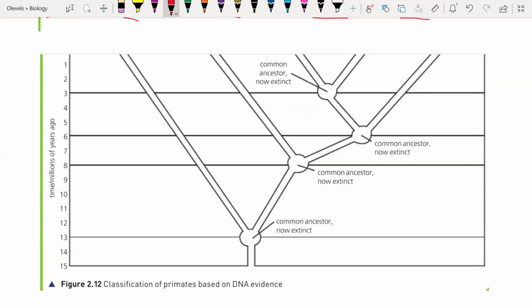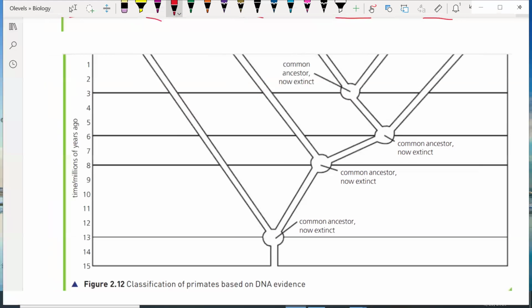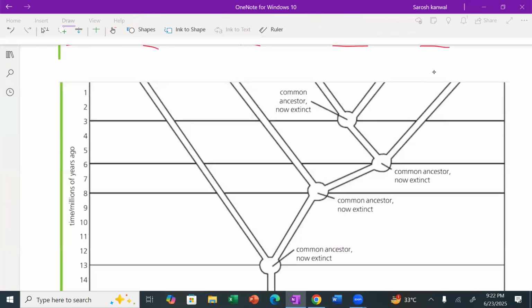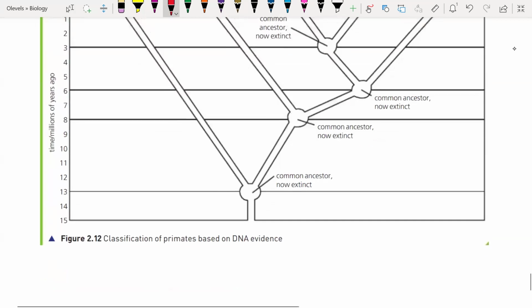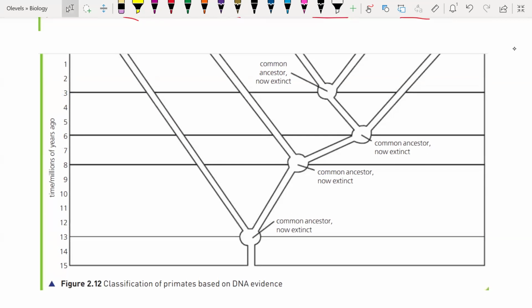Okay, let me tell you. Here on the y-axis, we have time, in millions of years, right?